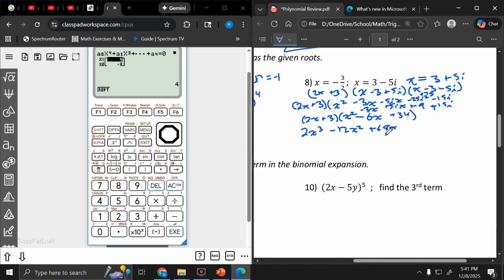Now multiply all those. Plus 3x squared minus 18x, and then plus 102. Combine like terms, so 2x cubed minus 9x squared minus 50x plus 102.